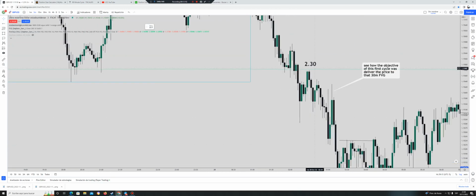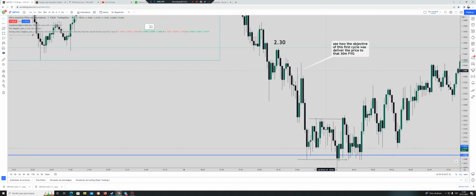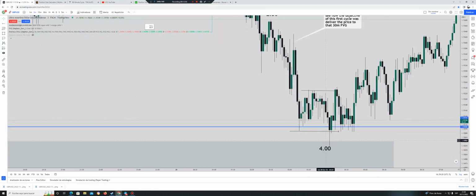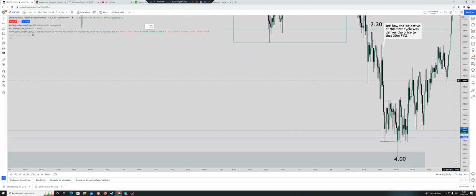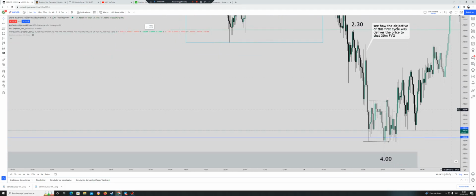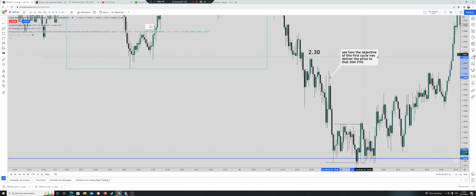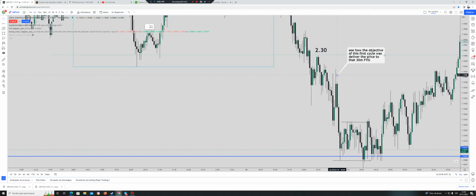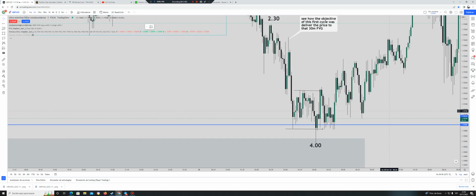When you know everything that is happening with the price, why it is going down, why it is tapping in the fair value gap, why at 4 there is a buy happening, when you know all of that, it just becomes beautiful, knowing the logic behind everything the price is doing. Now I'm talking too much, but yeah, we go to the next cycle now.